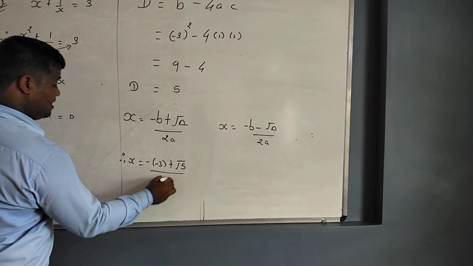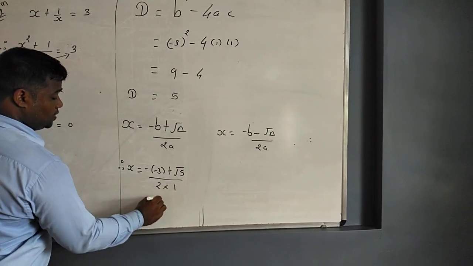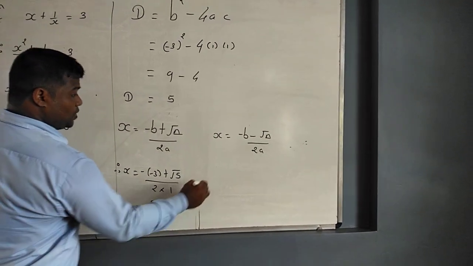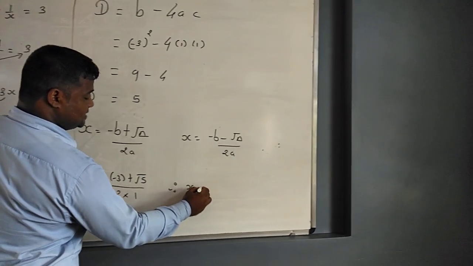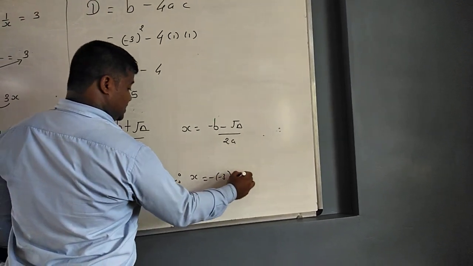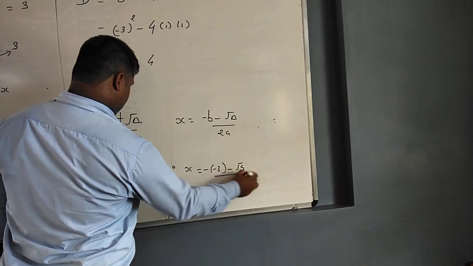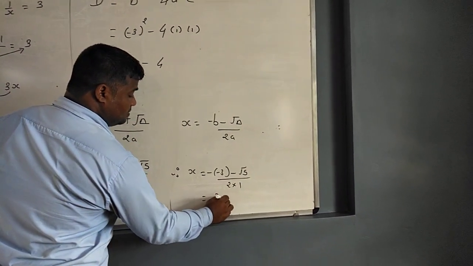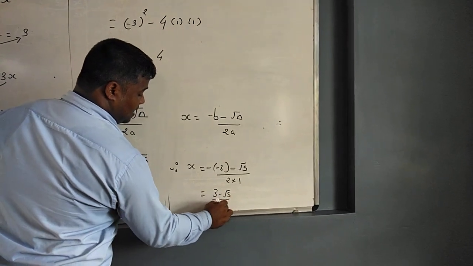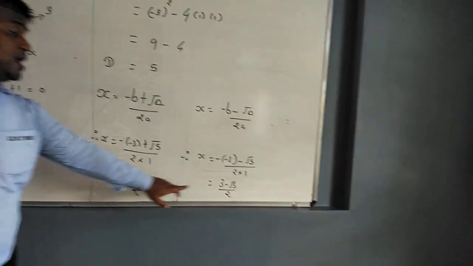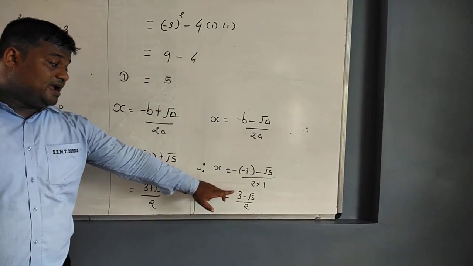What is the value of a? That is 1. So 3 plus under root 5 by 2, and another one is 3 minus under root 5 by 2. So 2 roots we are getting, 3 plus root 5 by 2, and another root is 3 minus root 5 by 2.